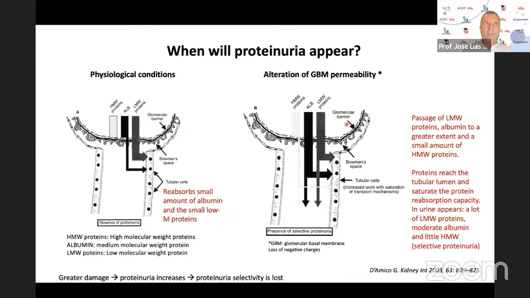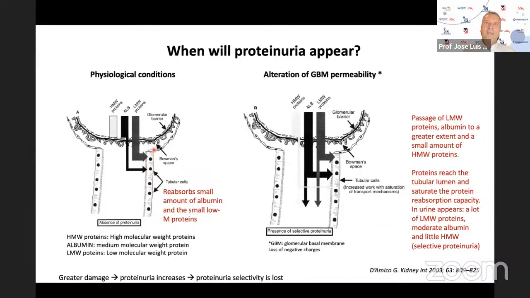Under physiological conditions, high molecular weight proteins do not pass the glomerular basement membrane, and a small part of albumin passes but is reabsorbed by the tubule, because its capacity is enough to reabsorb a small amount of albumin.